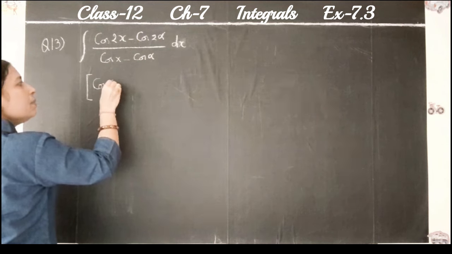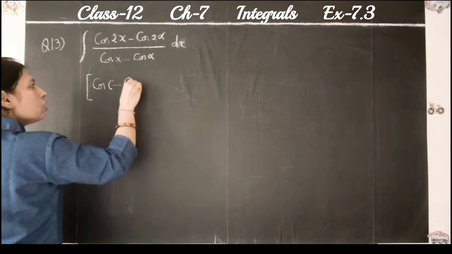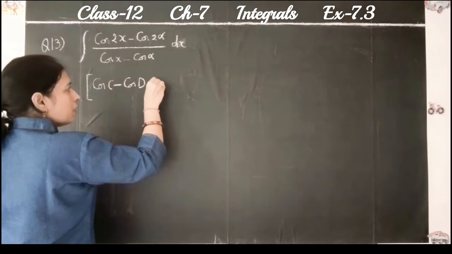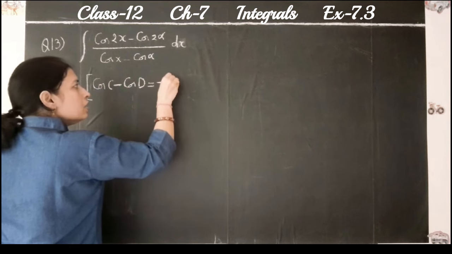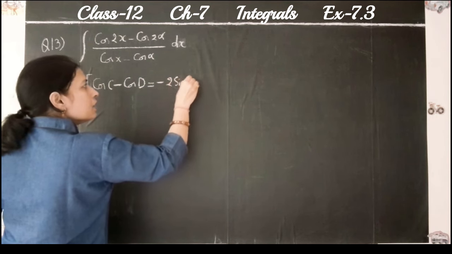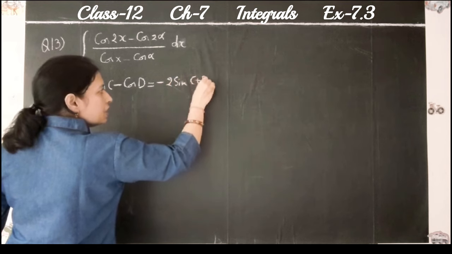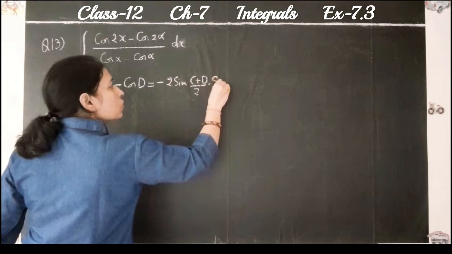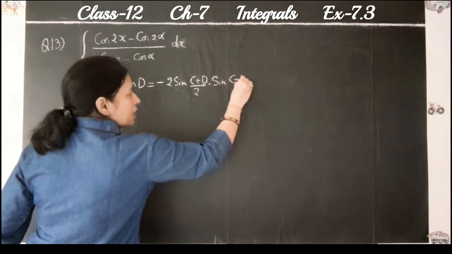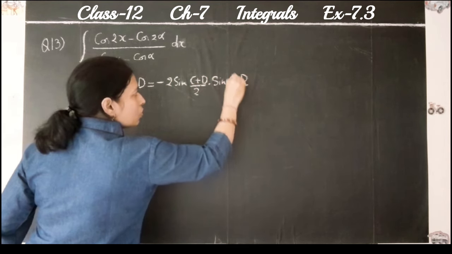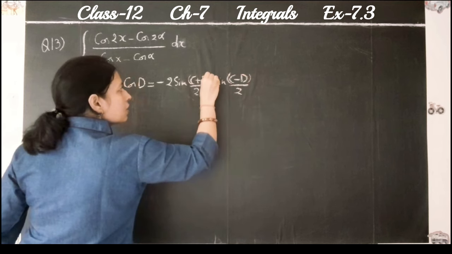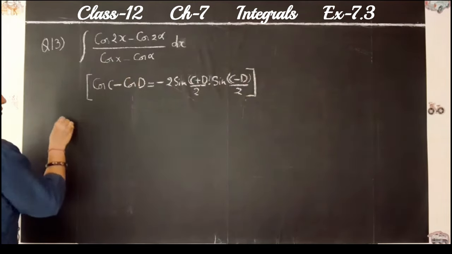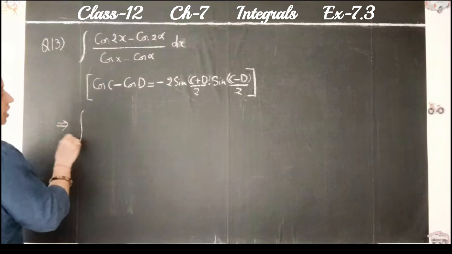So cos c minus cos d is equal to minus 2 sin of c plus d divided by 2 into sin of c minus d divided by 2. So using this identity, we get the integral.